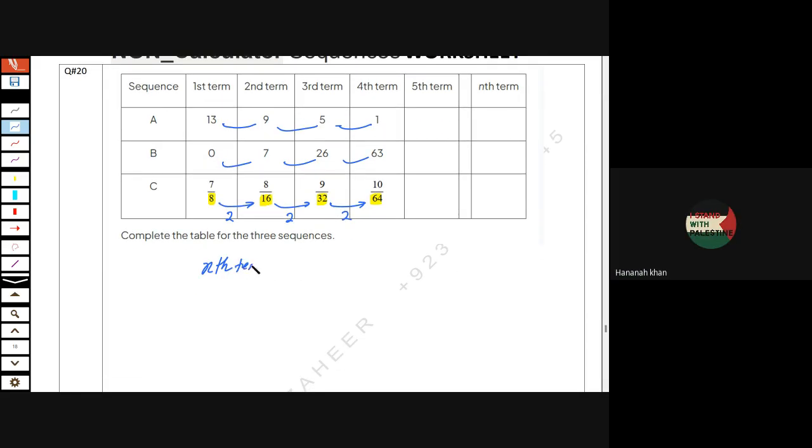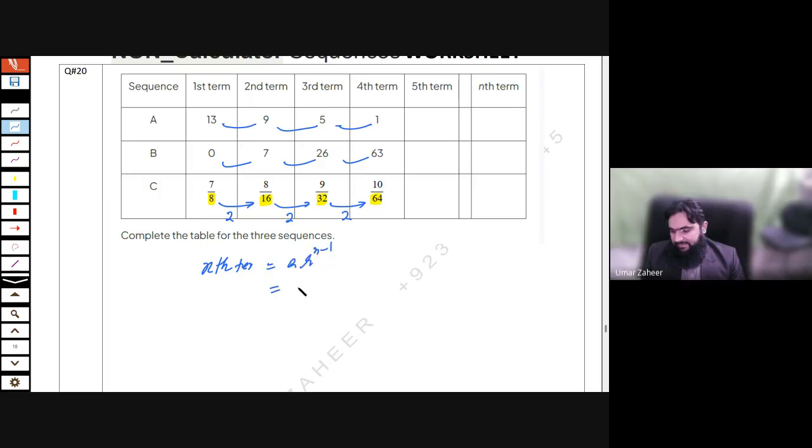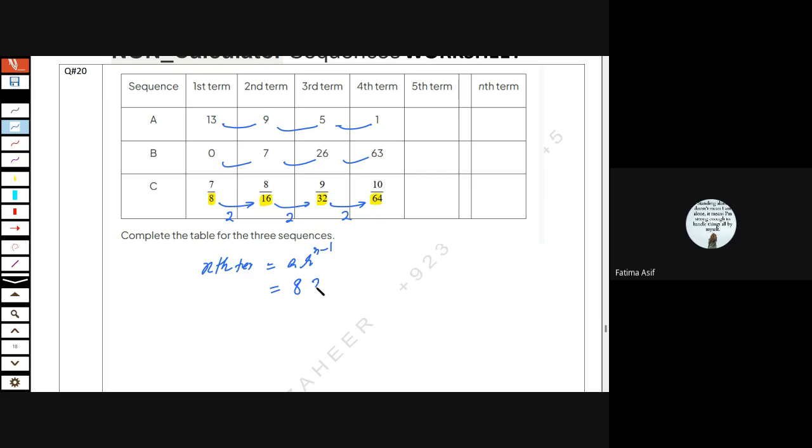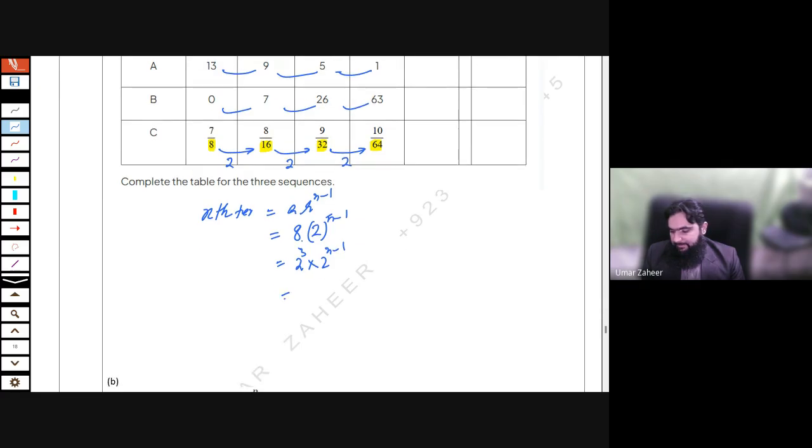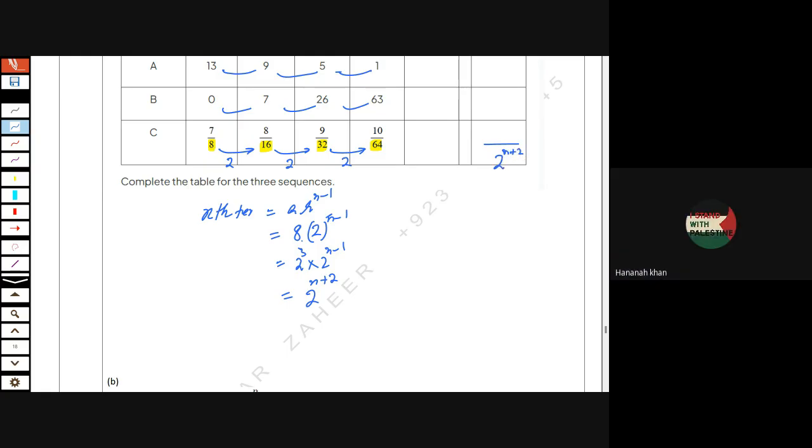By using a times r to the power n minus 1. A is 8. Ratio is 2, power n minus 1. 8 can be written as 2 power 3. Use the rule of indices. Bases are same, add the powers. Minus 1 plus 3, that will be plus 2. So I'm not sure what the numerator is, but the denominator is 2 power n plus 2.